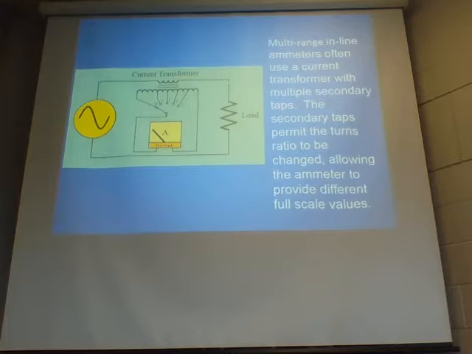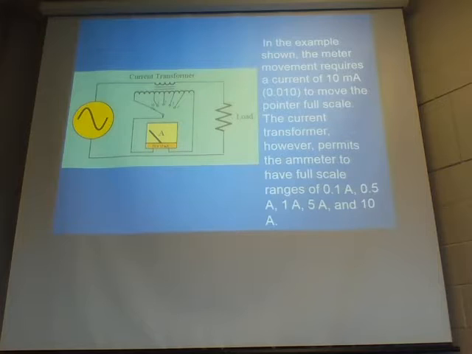The secondary taps permit the turns ratio to be changed along the ammeter to provide different full-scale values. In the example shown, the meter movement requires a current of 10 milliamps to move the pointer full scale.